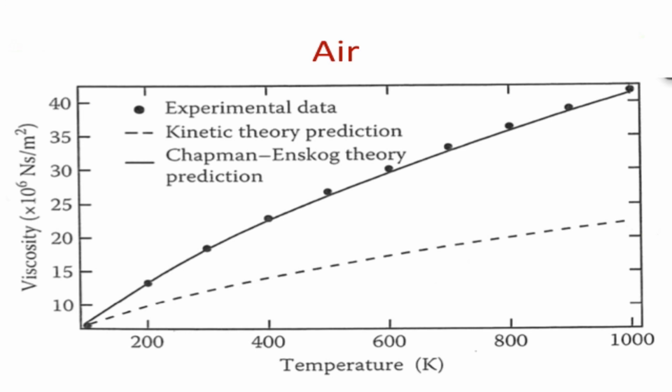So experimental data are here, points for air. The kinetic theory assumption follows the correct trend, but it comes up short. Okay. So we captured something using that simplistic theory that we were actually able to derive. But it's not all the way correct.